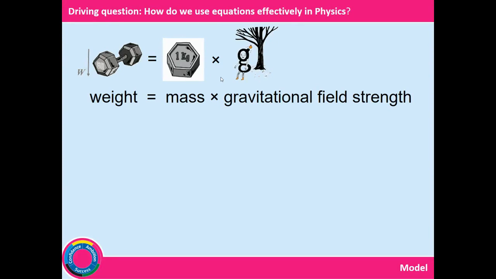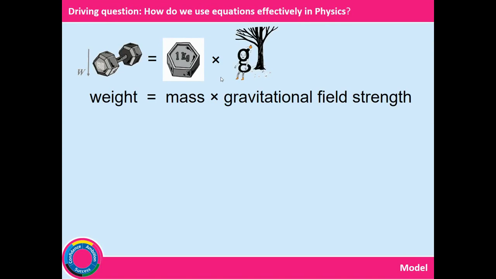However, your weight on the Moon will be less than your weight on the Earth because the gravitational field strength on the Moon is less than the gravitational field strength on Earth. Your mass is the same everywhere. Wherever you go, your mass on Jupiter will be the same as your mass on Earth. It will be the same as your mass on the Moon. So the mass stays the same.